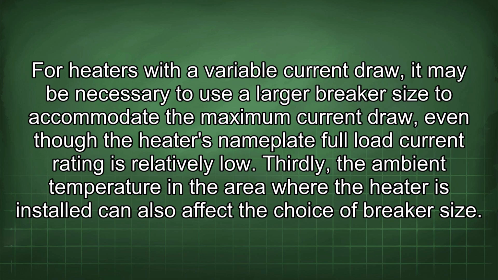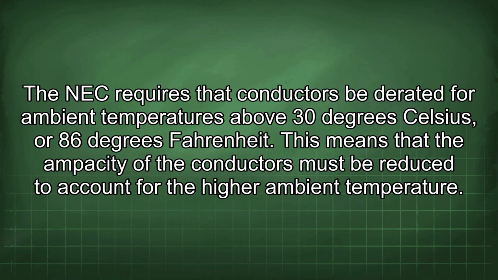Thirdly, the ambient temperature in the area where the heater is installed can also affect the choice of breaker size. The NEC requires that conductors be derated for ambient temperatures above 30 degrees Celsius or 86 degrees Fahrenheit. This means that the ampacity of the conductors must be reduced to account for the higher ambient temperature.